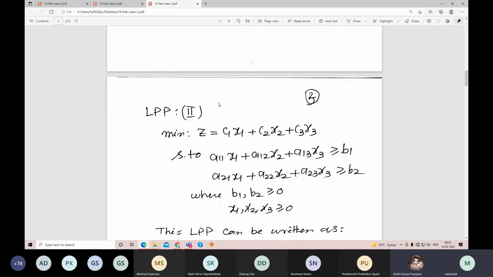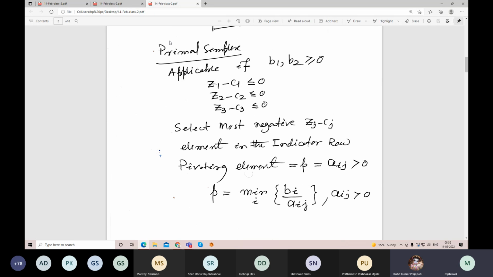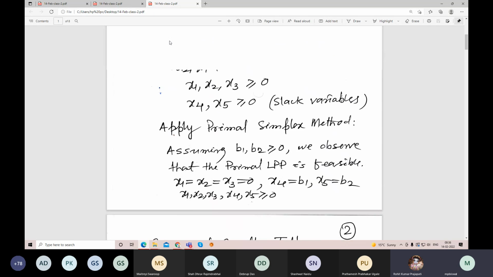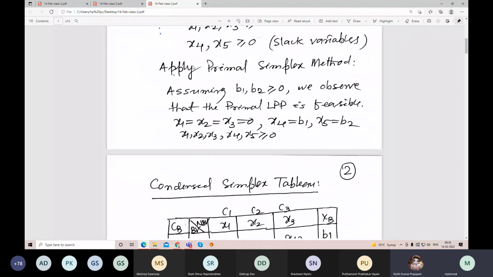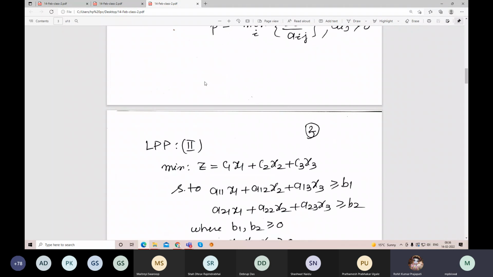I am taking two types of problem. One is maximization type, another is minimization type. I have not said whether it is a primal or dual problem. It is LPP type 1, type 2. Type 1 is maximization type, type 2 is minimization type.